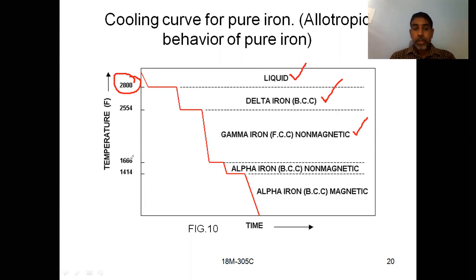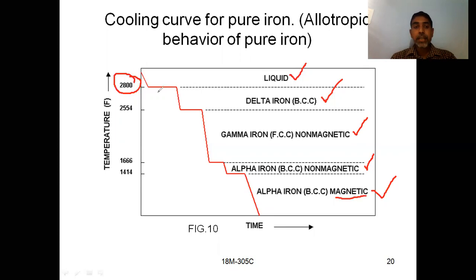And between 1666 to 1414 degrees centigrade, you are having alpha iron, which is having BCC structure and the nature is non-magnetic. And below 1414 degrees centigrade, you are having alpha iron, which is in BCC structure and the nature is magnetic.